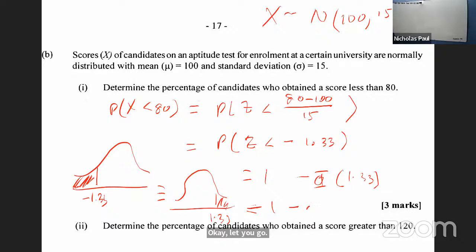Tell me what 1.33 is. It's 0.9087. And then when you subtract, the answer is what?